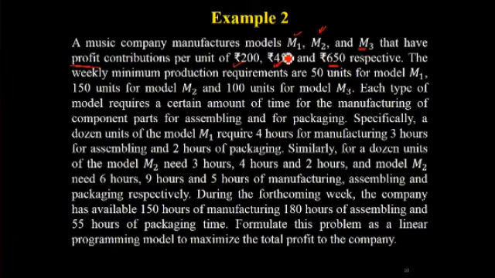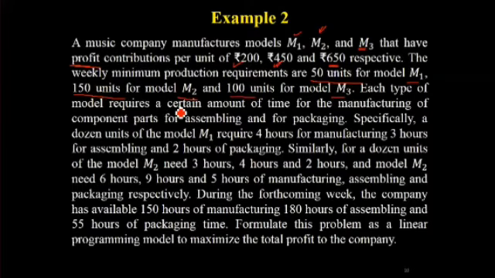They are getting the profit from M1, M2, M3 respectively. Now the weekly minimum production requirement: 50 units for model M1, 150 units for model M2, 100 units for model M3. So weekly they are producing those.